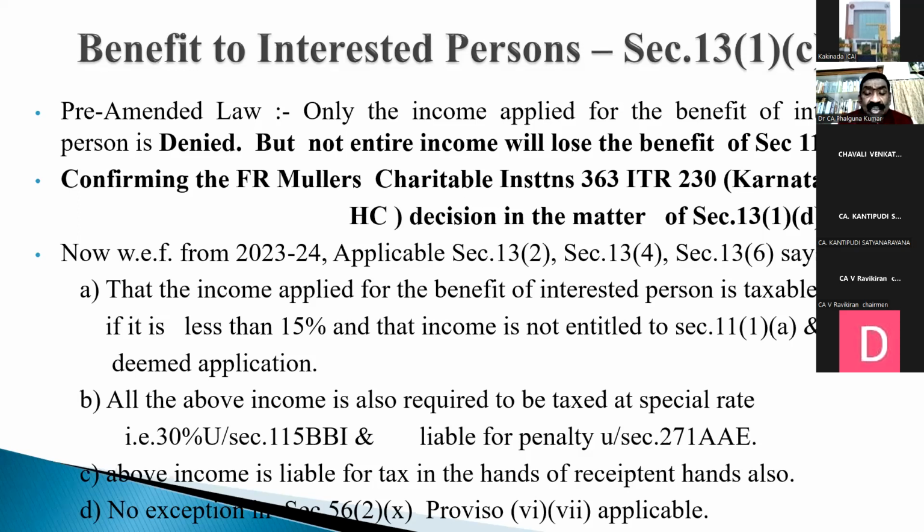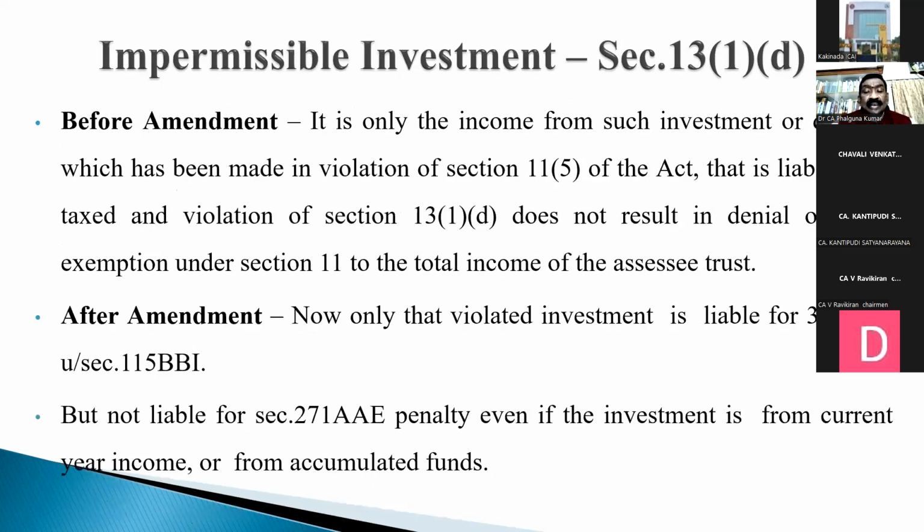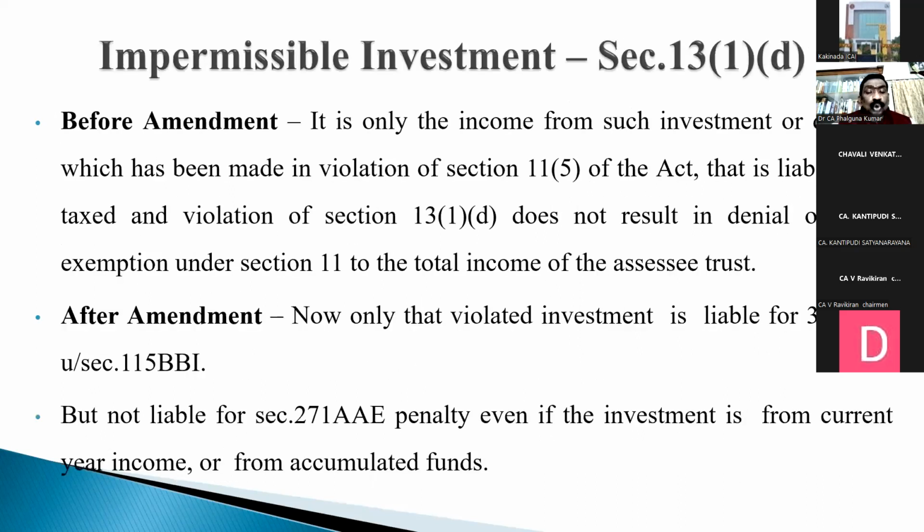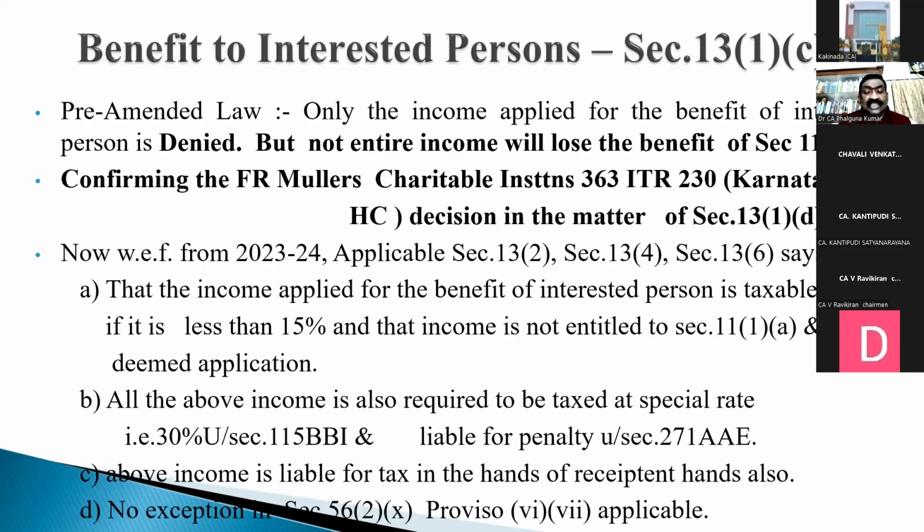In the first year, when it is noticed that this interested person is getting some benefit, not the tax, penalty is payable 100%. Whereas in the second year, when they get, the penalty is 200%. So in the first year, when the interested person gets the benefit, the penalty is 100% on this institution.